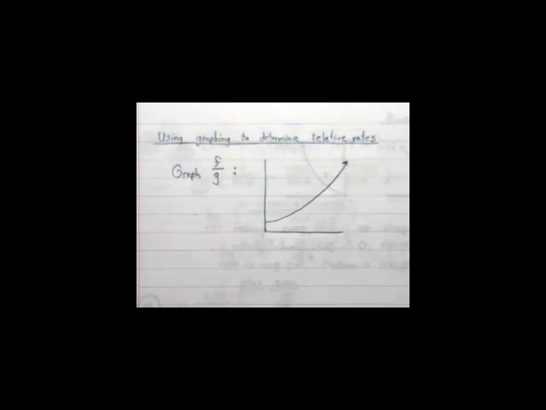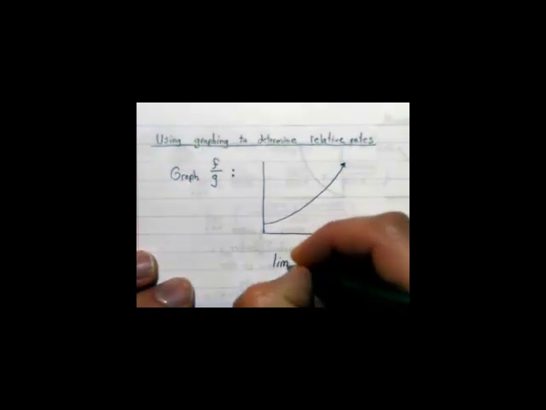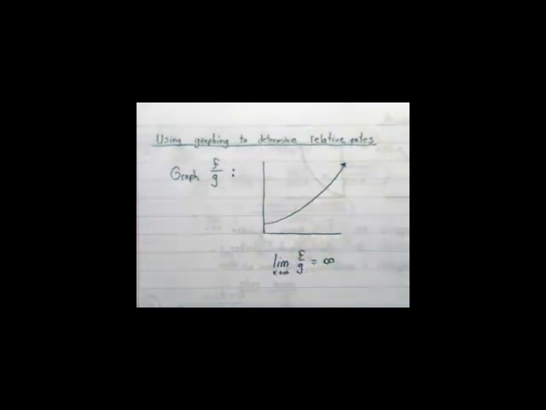What is the limit as x goes to infinity of that graph? Yeah, right? So what can I ultimately conclude from that graph? Which one grows more quickly, f or g? F, right?